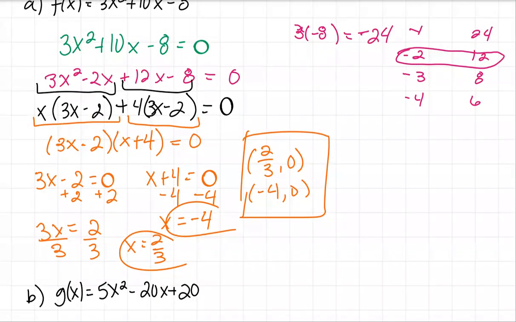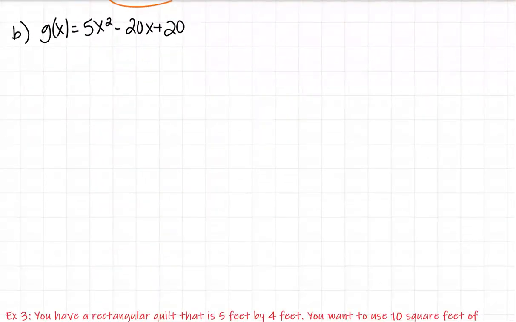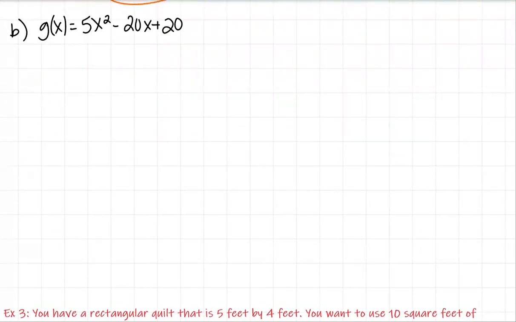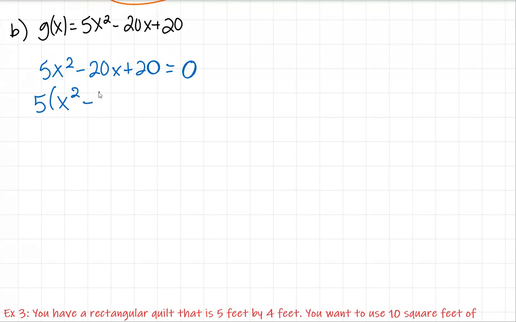Let's see one more. Step number 1 is going to help us here, as you might already see. 5x squared minus 20x plus 20 is equal to 0. We do have a GCF here, 5. I can factor out a 5: x squared minus 4x plus 4.